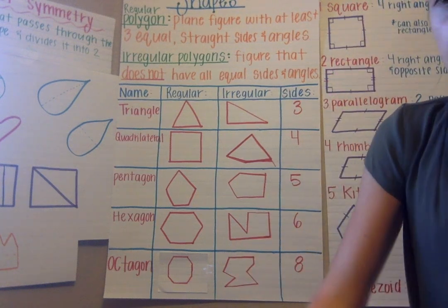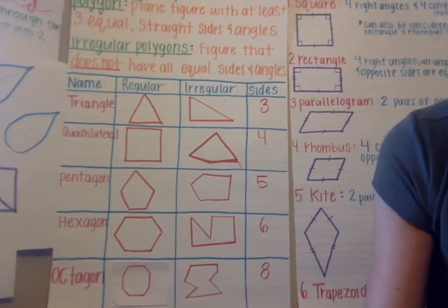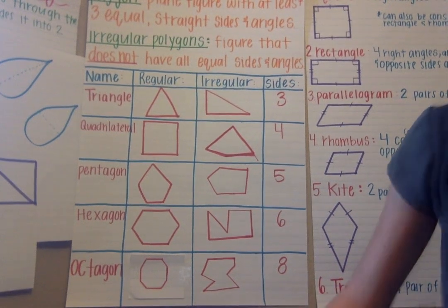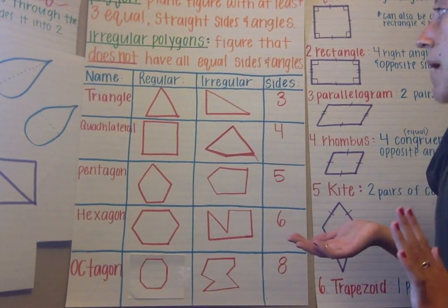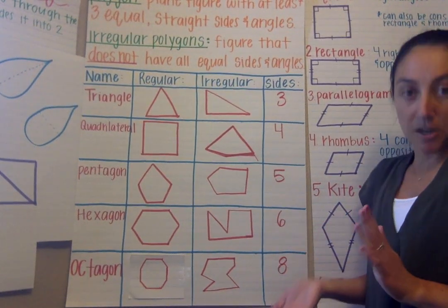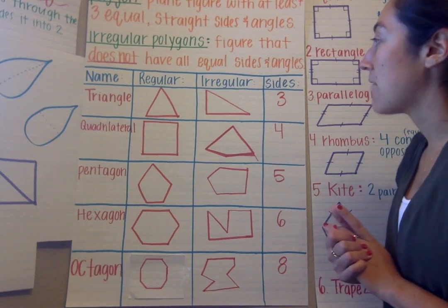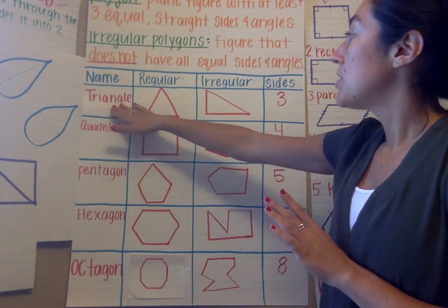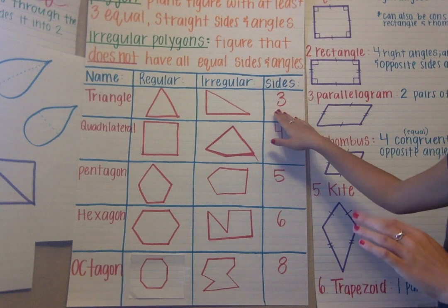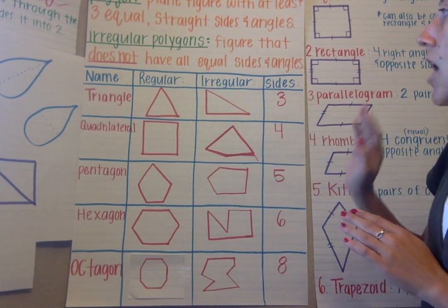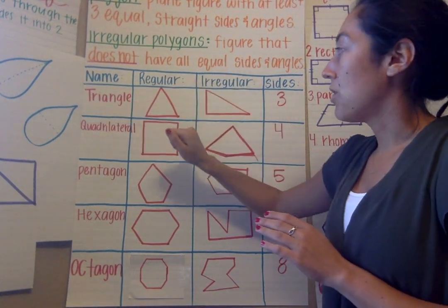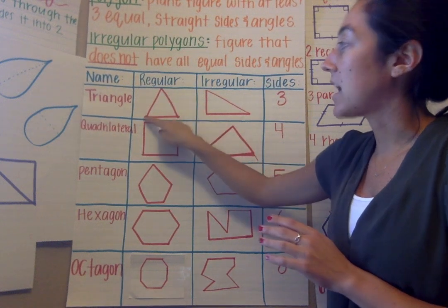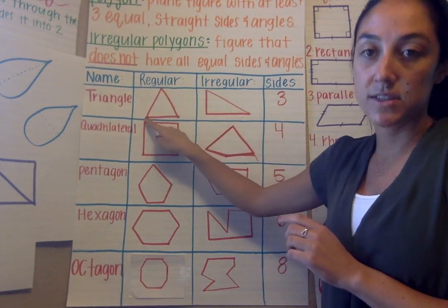So we're going to first start by going over the names of these, how many sides they have, and then talking about why they're regular versus irregular. So the first one we have up here is a triangle. A triangle is a shape that has 3 sides. However, a regular triangle is a triangle that has 3 equal sides.